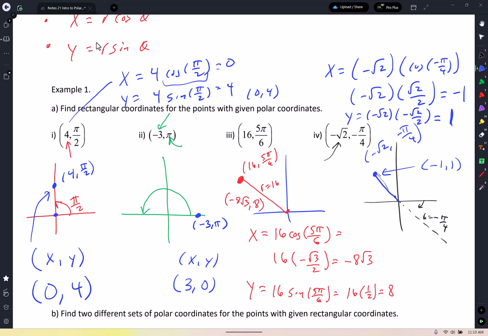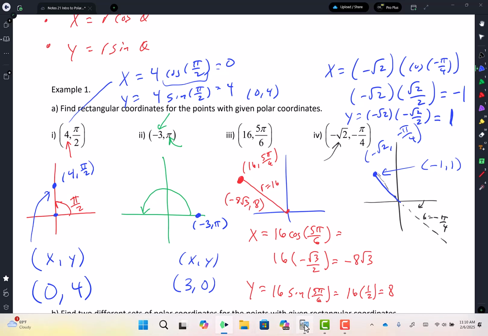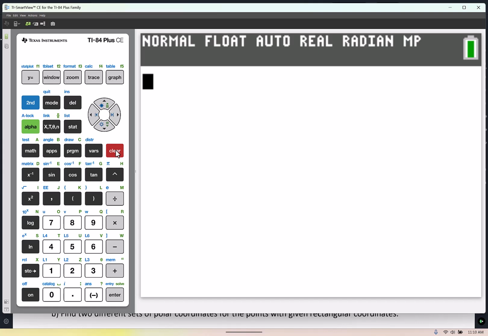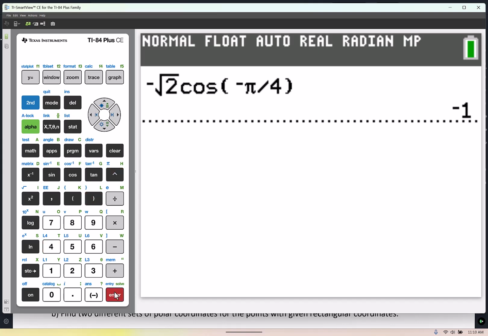You could use a calculator to help, but I prefer that you don't. But you could always do this in case you have no idea what I'm doing. Negative square root of 2 times cosine of negative pi over 4, and you're going to get your negative value, negative 1.